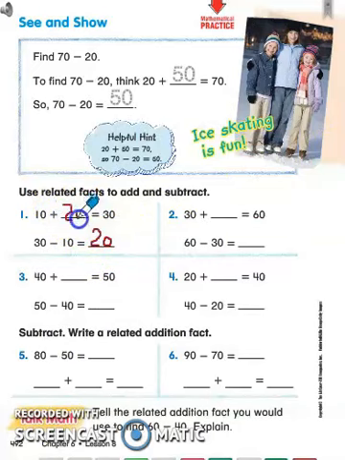Again, I will answer another one. Here, 30 plus what? Equals 60. So, I will subtract the small number from the big number, 60 minus 30. Now, if we subtract at first, so you have to count back by tens.